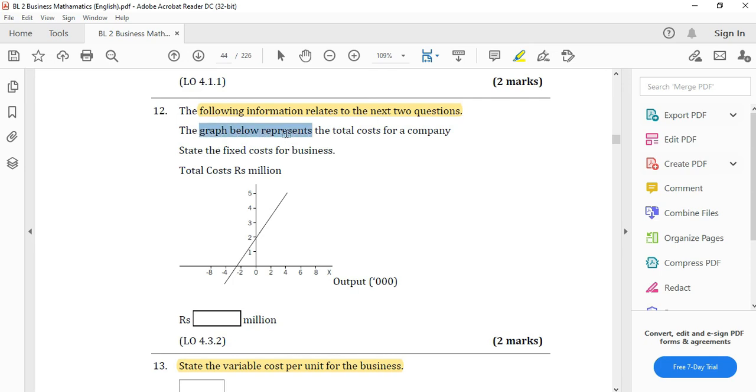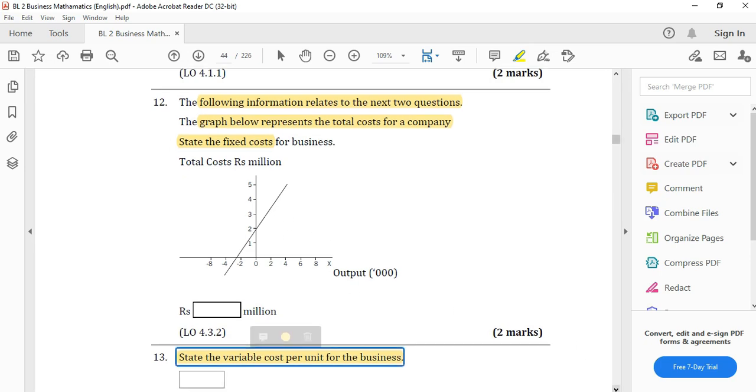The graph below represents the total cost of the company. State the fixed cost. Well, fixed cost is when output is 0, there should be a value. So it's basically 2 million. But the variable cost per unit, well, it is the gradient of the line.